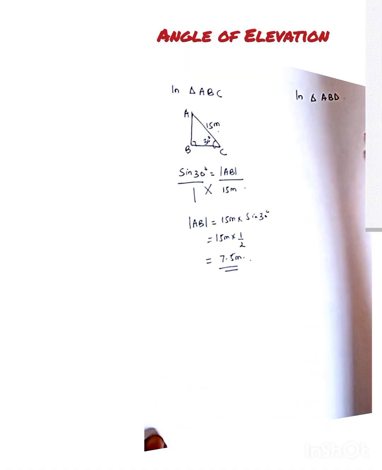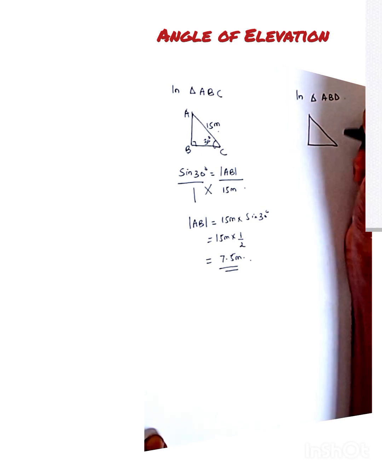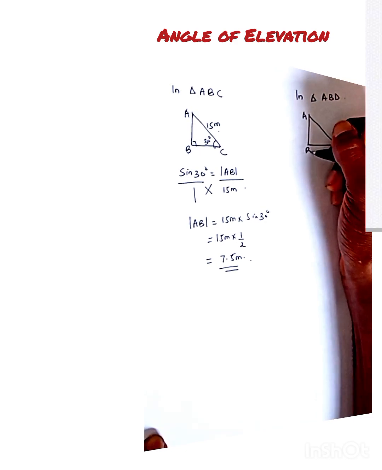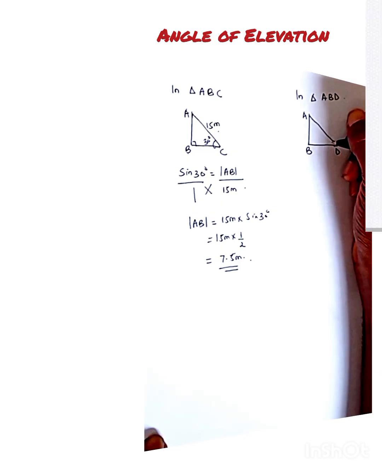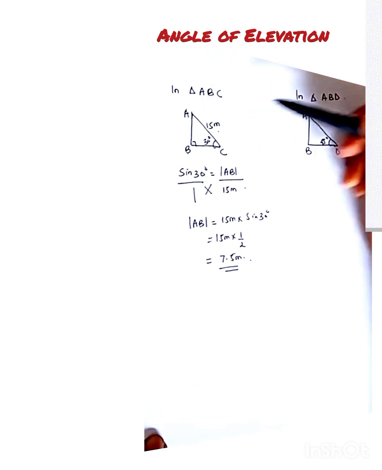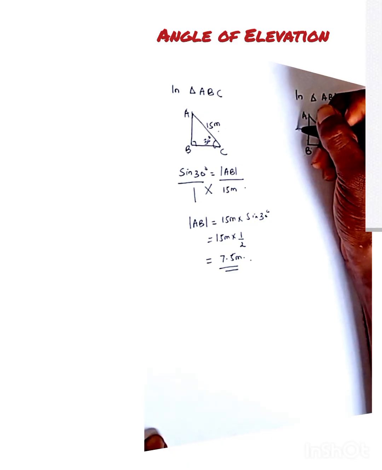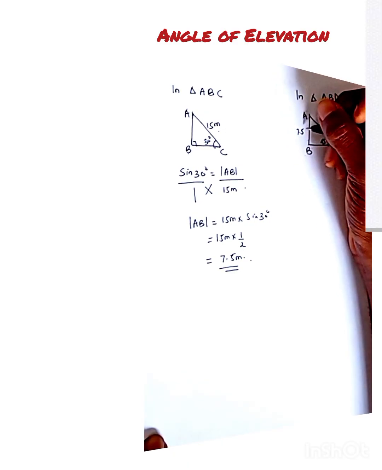Then in triangle ABD now, I'm having this now, A, B and D. This is 45 degree. Now this is AB. I'm looking for line BD now. This height AB is the same thing as AB here, which is also 7.5 meter.